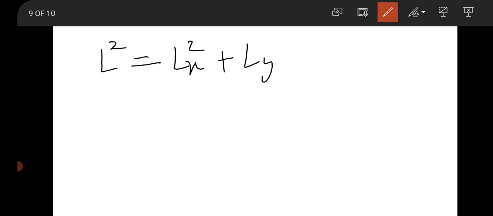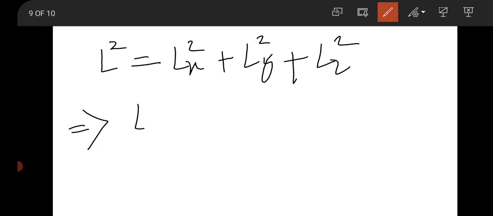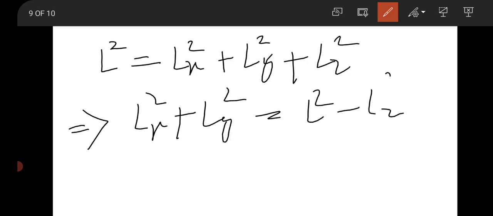I am solving it. We know L square is equal to Lx square plus Ly square plus Lz square. So Lx square plus Ly square is equal to L square minus Lz square.